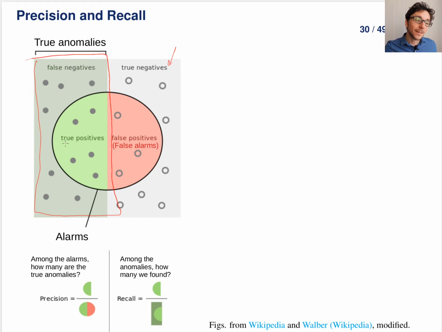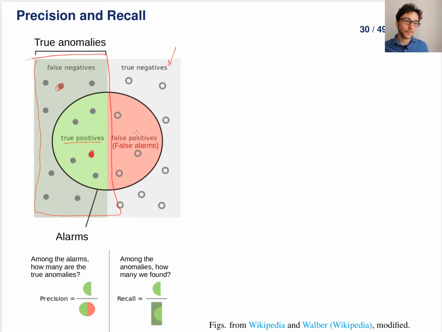Now, we define the true positives: the number of anomalies that are correctly classified by our detector as anomalies. So this point is a true positive because our detector said positive, anomaly, and it was actually an anomaly. The false negatives, instead, are points for which our detector said negative, so normal point, but the point was actually an anomaly.